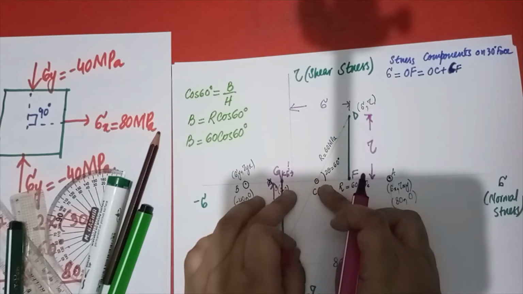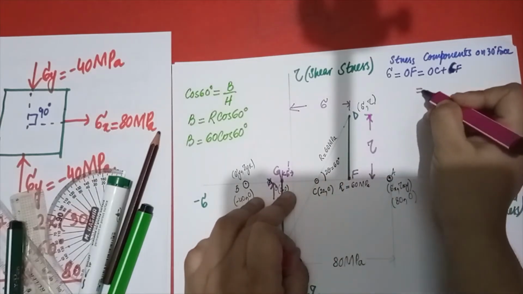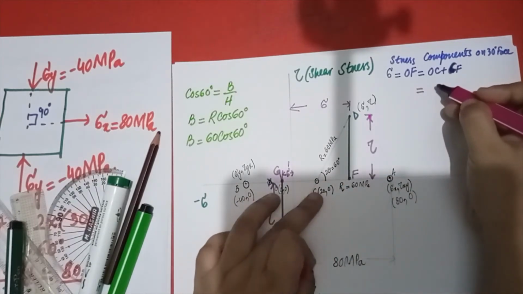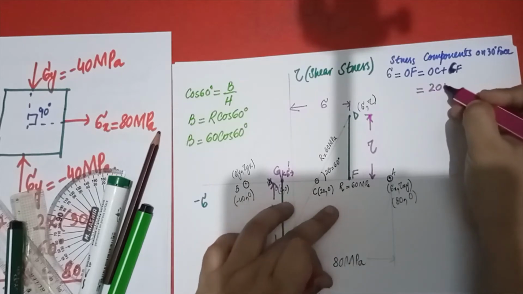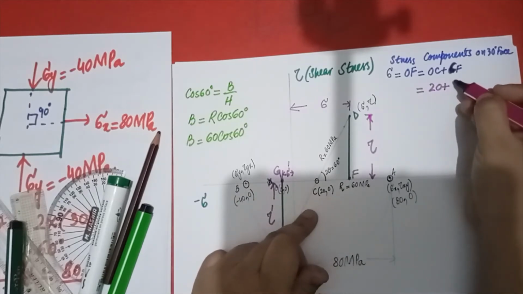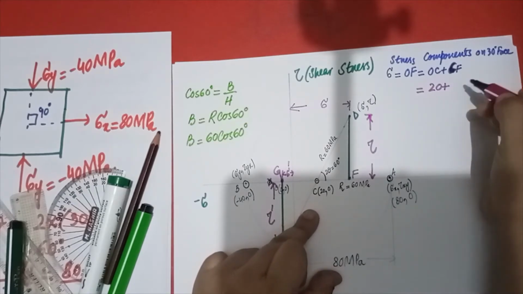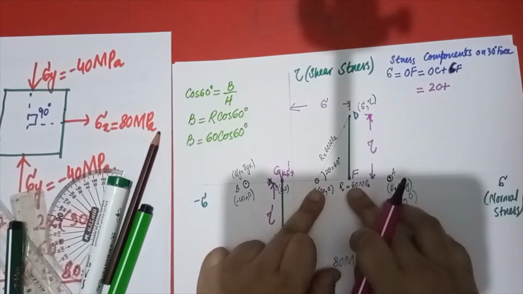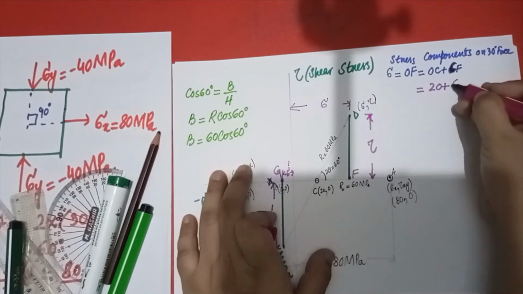OC is 20, you know that, 20 MPa. O till C is 20 plus this distance, which is r cos 60 degree.